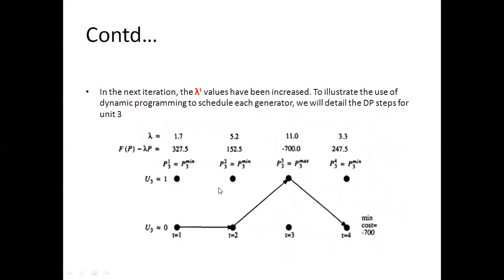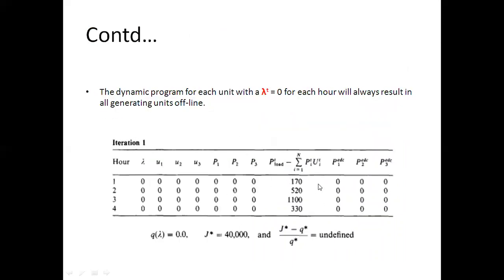This portion that we are obtaining has all positive values, and we are multiplying alpha with that and summing with the previous value of alpha: 0 plus 170 into 0.01, 0 plus 520 into 0.01, 0 plus 1100 into 0.01, where 0 is the old value of alpha, and for hour 4, 330 into 0.01.